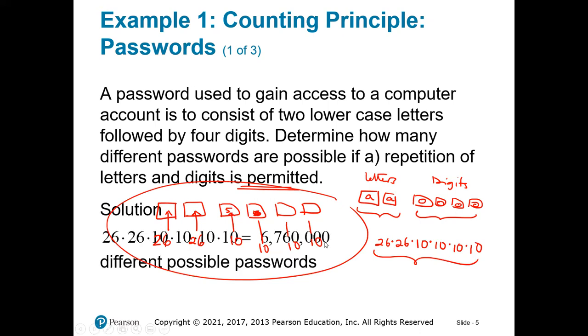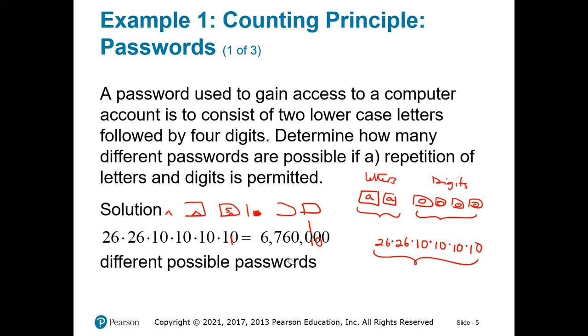So the solution is 26 times 26 times 10 to the power 4, which is 6,760,000 passwords. Of course, you end up picking just one password. So just to give you the idea, you have 6,760,000 choices.